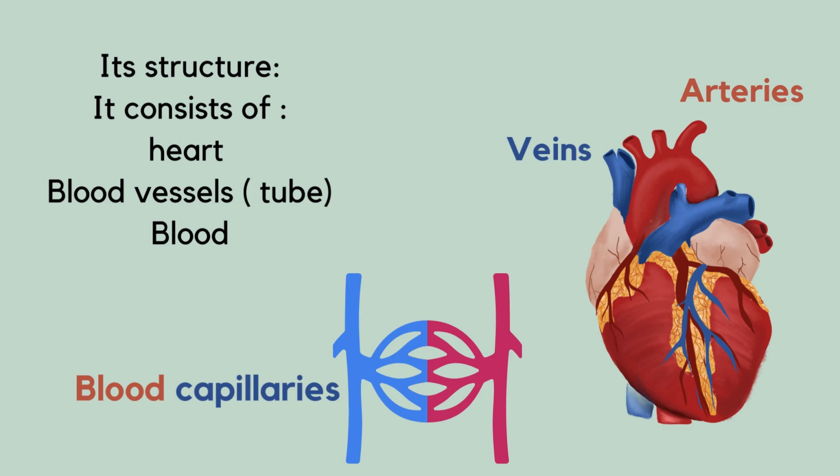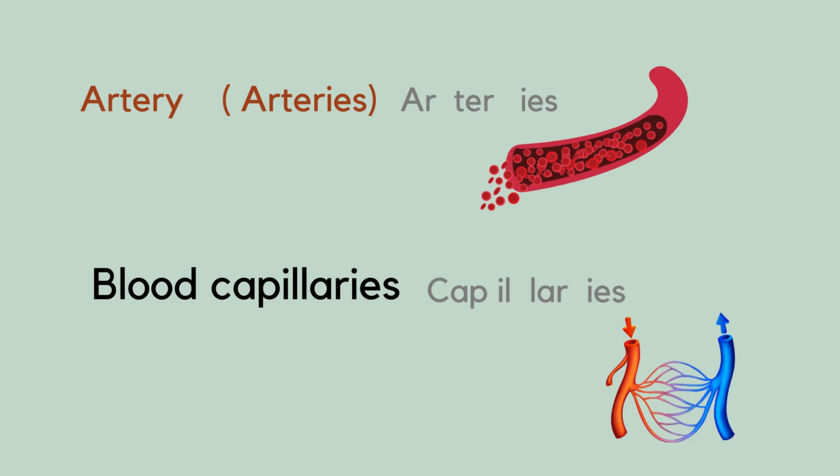And here, the very, very small, tiny blood vessels that connect the arteries with the veins are called blood capillaries, okay? So we will talk about each structure of those, each organ of those, okay?